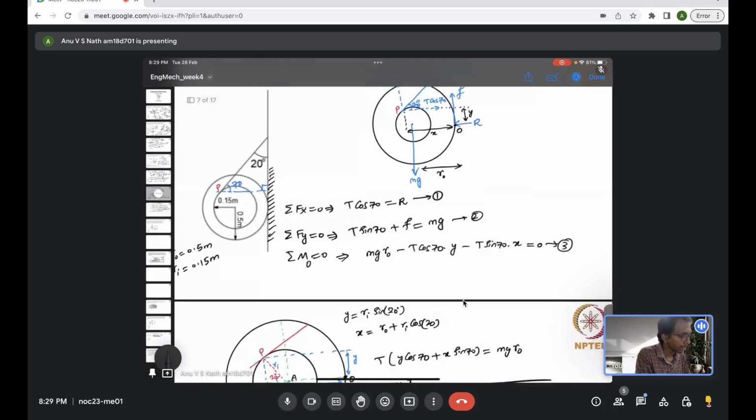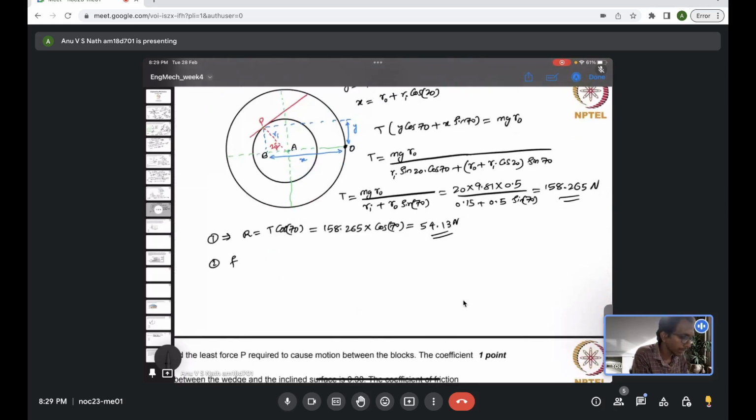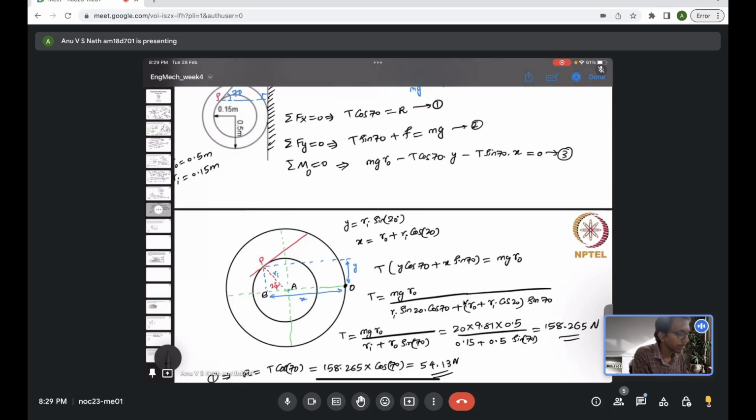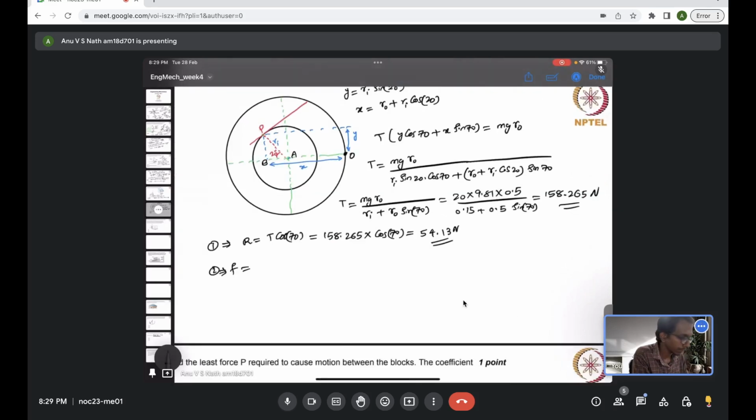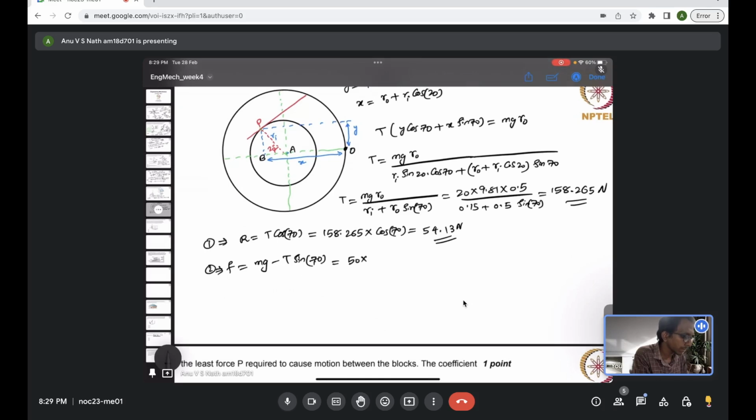Now from equation 2 we can write what is the friction force. So friction force should be mg minus T sine 70. So which is 20 times 9.81, mass was 20, right? Yeah. 20 times 9.81 minus tension, 158.265 times sine 70.